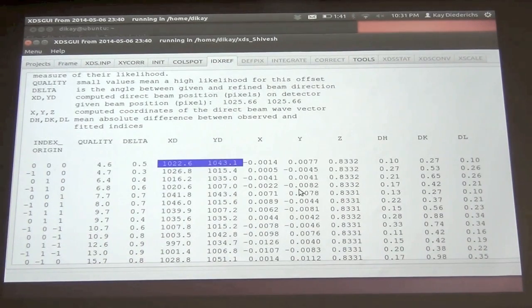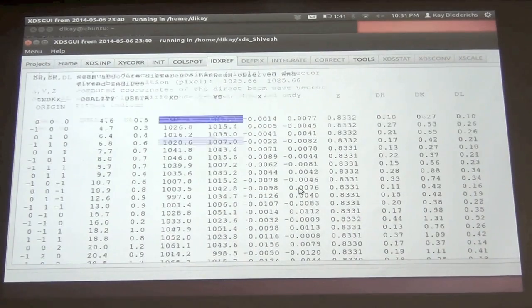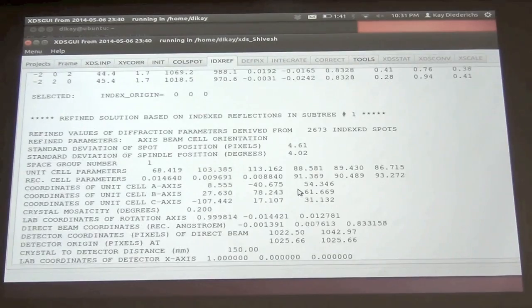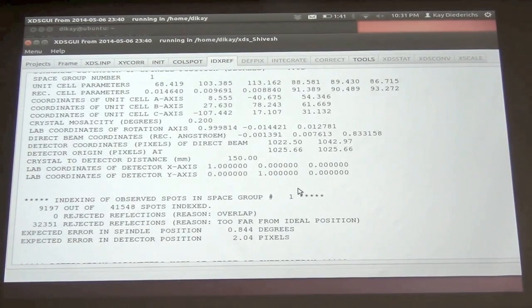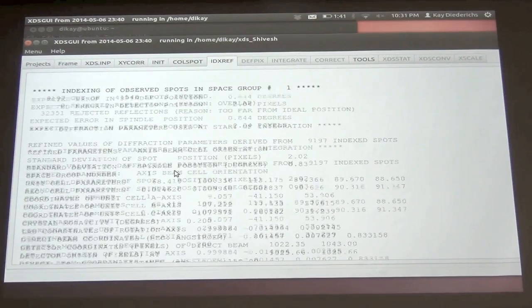That's a lot, I would say. It's not perfect, but I don't see anything wrong with this at the moment. So I have no good idea why this is not a good indexing, and finally, out of those 41,000, it can only index 9,000 or something.